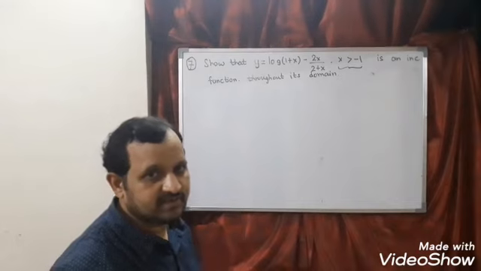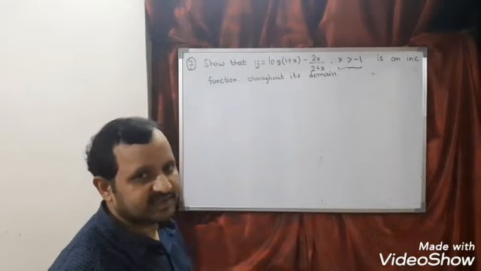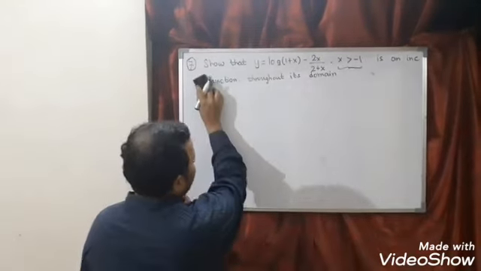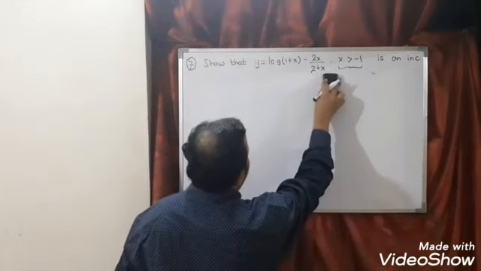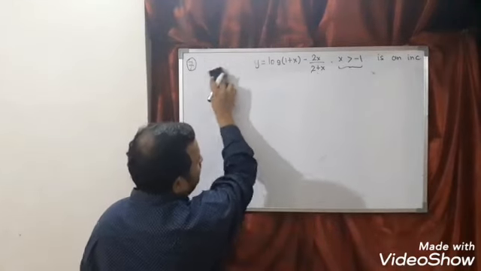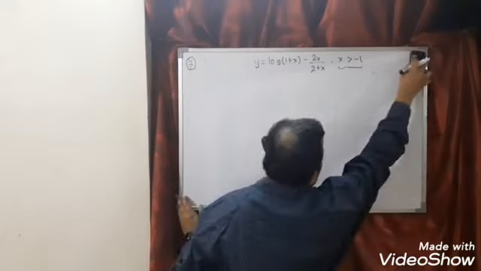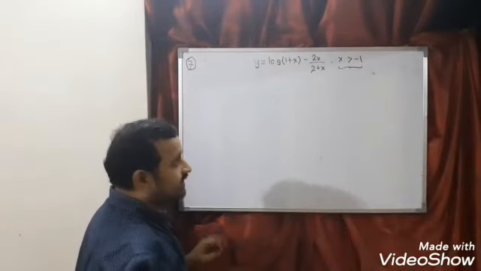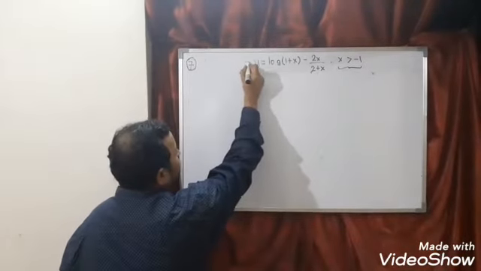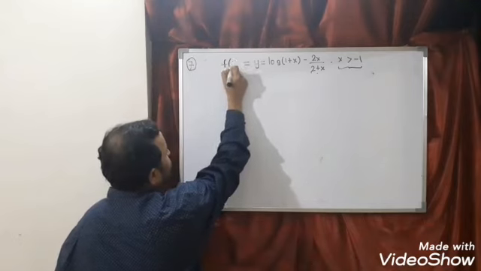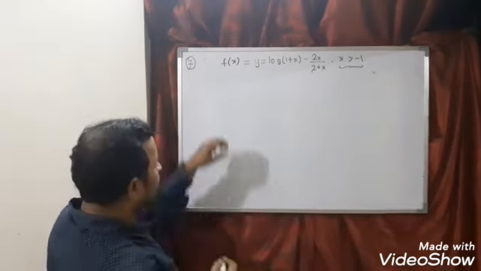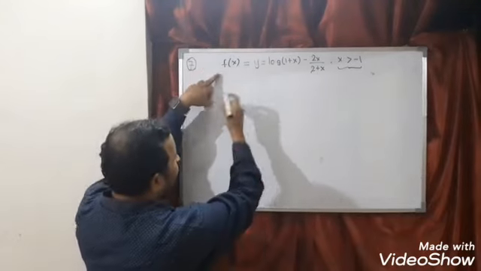So how to check increasing and decreasing? Let us apply the working rule. Look here. So this is y. This y we can write as f of x, right?